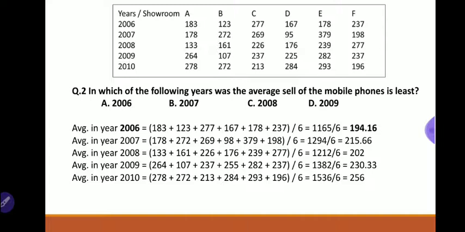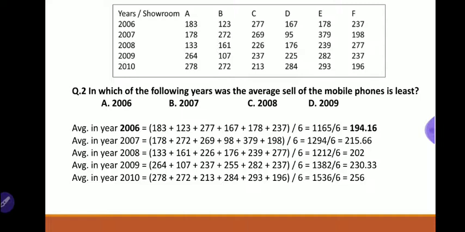But here it is not necessary to find the exact average, because the exact average is not asked. It is just asked in which year the average sale of mobile phones is least. So for the average, you add all numbers and divide by how many showrooms there are. Here the number of showrooms in each case is the same, so you divide by 6.